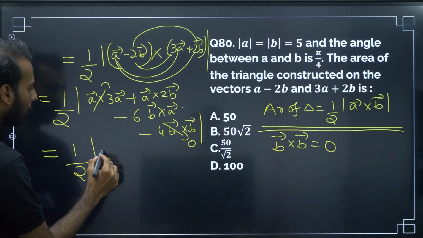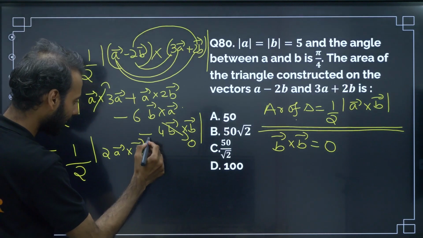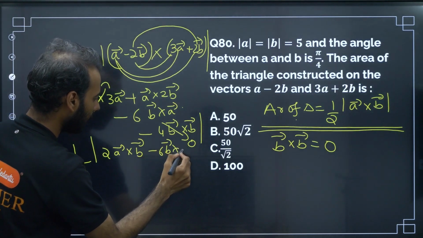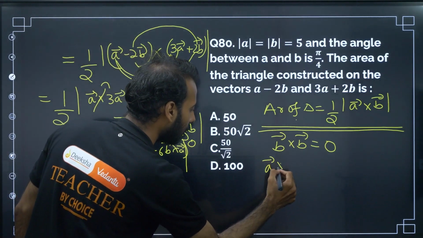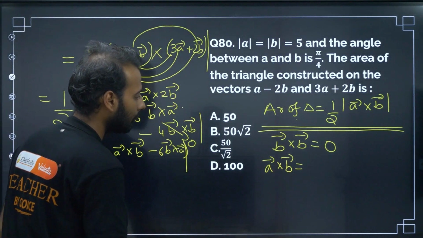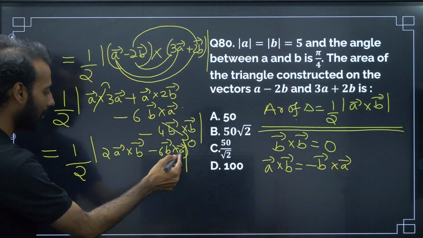What I am left with? 2a cross b minus 6b cross a. Also a cross b is equal to minus b cross a. So already minus b cross a is there.